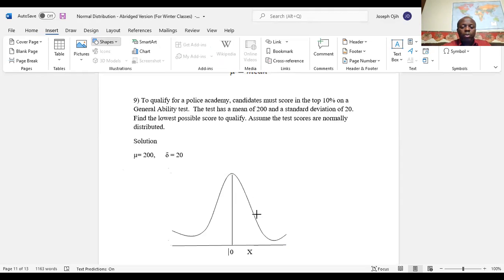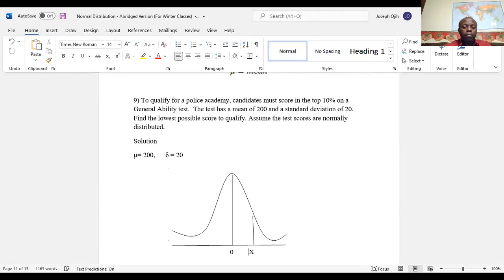So 90% will be below your score. This is the top 10%. This is the cutoff point right here, which gives you the lowest score to qualify. The whole of this place should be 90%.